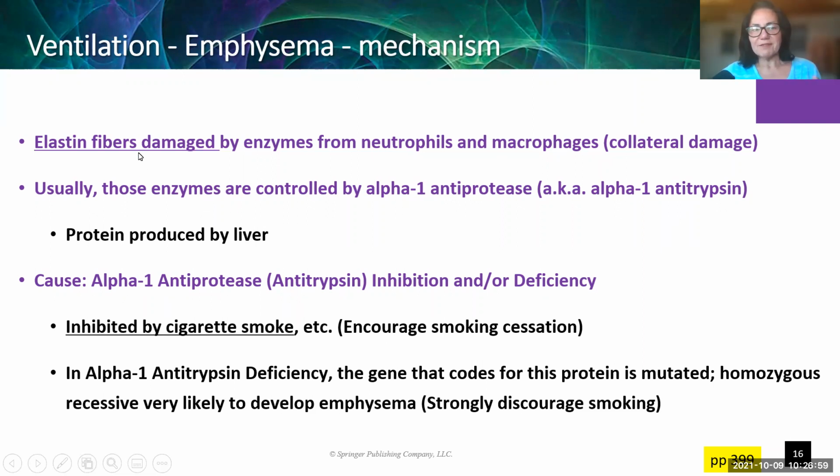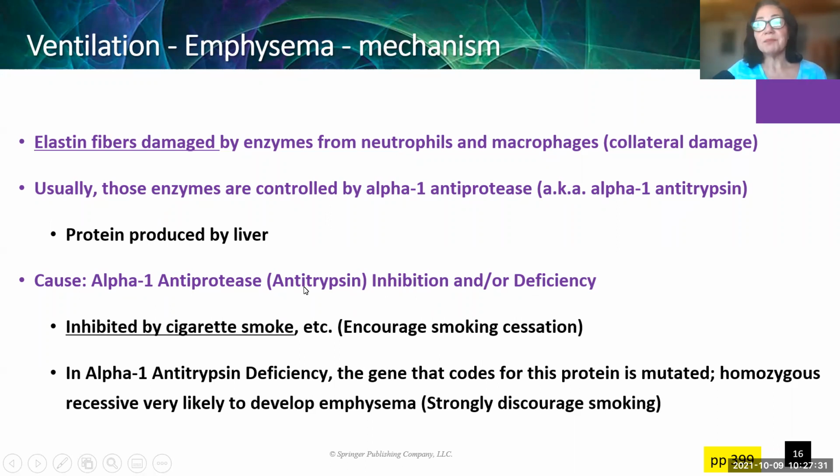So the elastin fibers are being made just fine. The problem is the neutrophils and the macrophages are making stuff that's digesting these elastin fibers. And the mechanism that we have, alpha-1 antiprotease, that's supposed to protect us from this collateral damage, there's something wrong with it. Either the liver's making it, but its activity is being inhibited, or the liver's not making it right, in which case we have a deficiency.